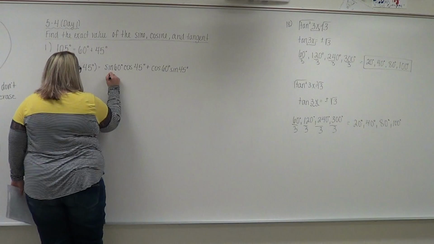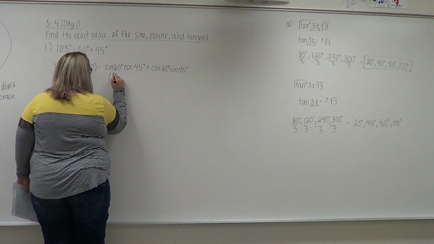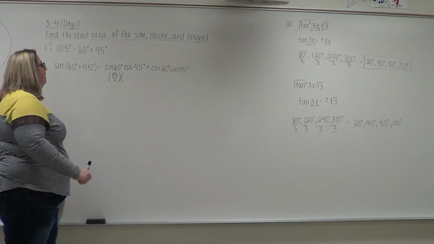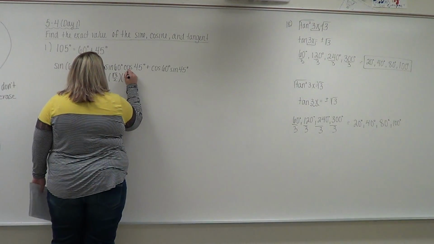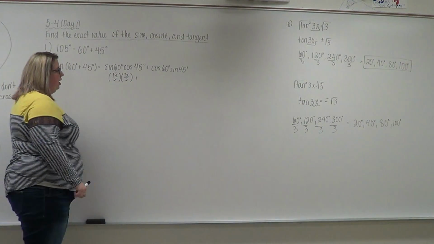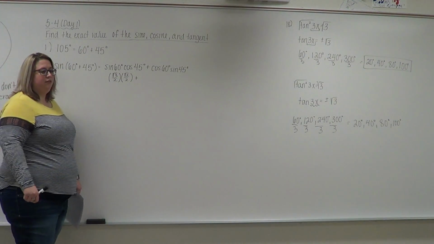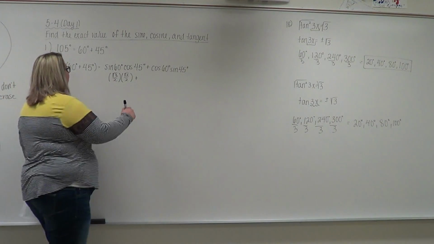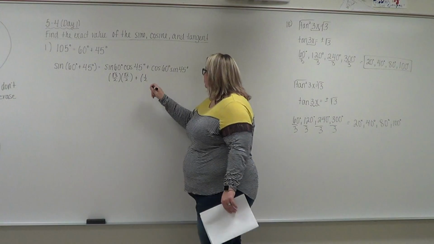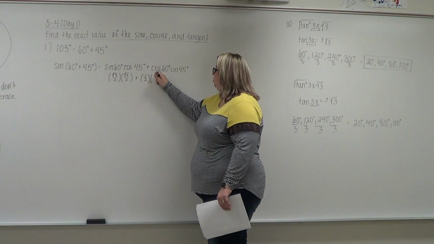What's your cosine of 45? Square root of 2 over 2. Plus cosine of 60, a half. Sine of 45, square root of 2 over 2.